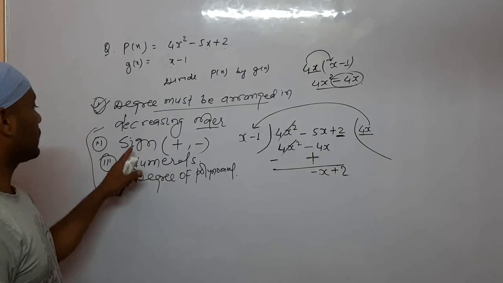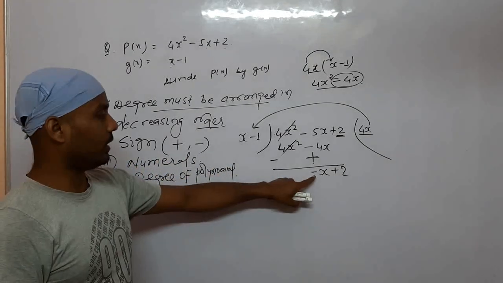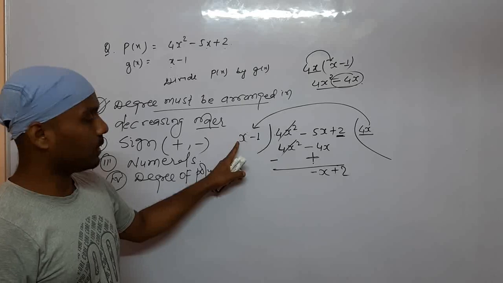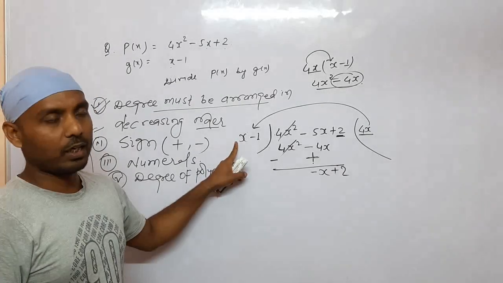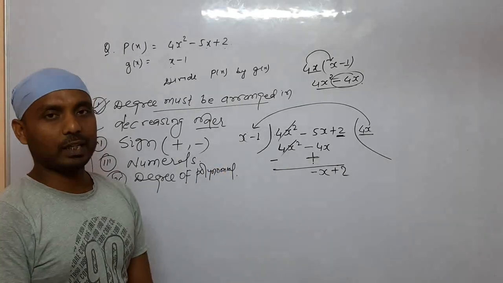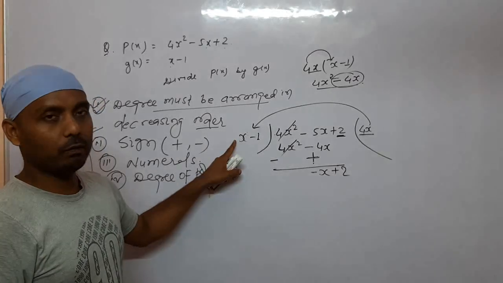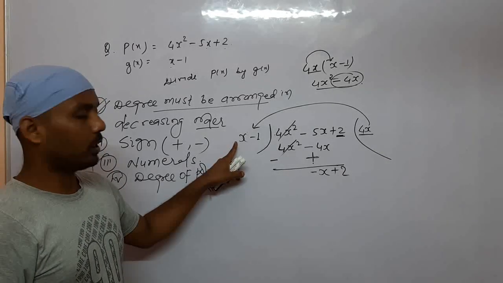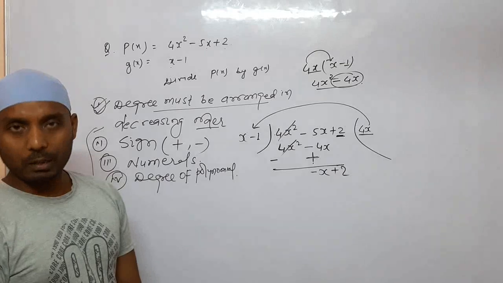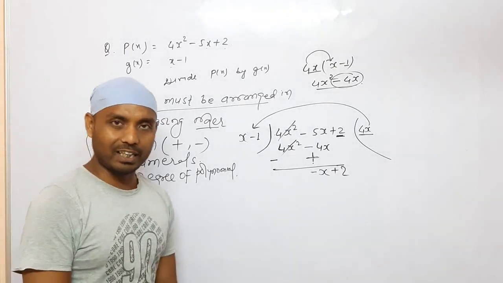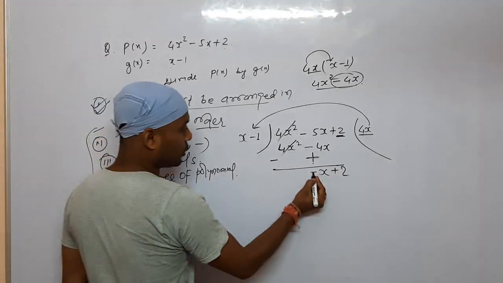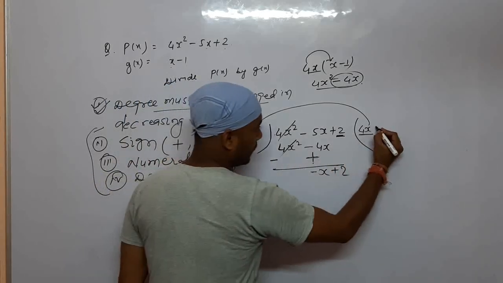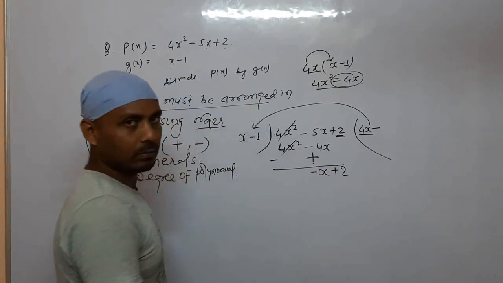Same sign. What is the sign here? Negative. What is here? Positive. Then how can we bring the negative sign? If the first sign of the division is positive, and positive gets multiplied by negative, then only it will result in a negative sign. So here's the minus, here's the plus, then simply write minus over here.